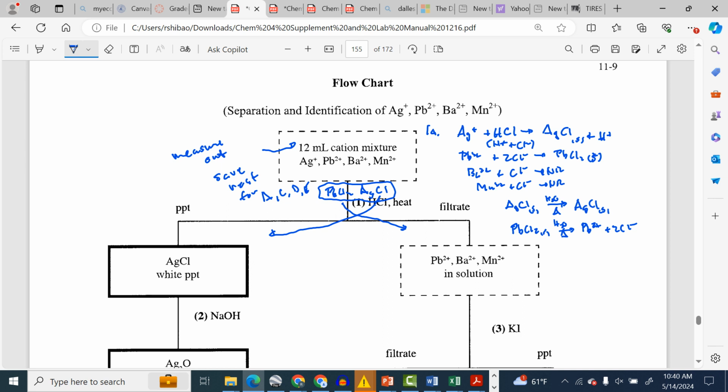And then what I'm going to do is set up 2 rings here. One ring I'm going to put the wire gauze on like this, and that's going to hold the beaker up.